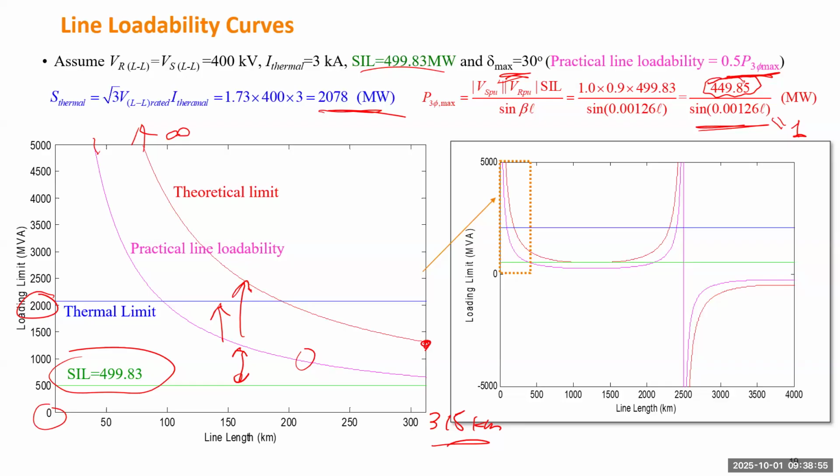So theoretically speaking, you're unable to deliver electricity by a single line longer than half of the wavelength. That's why the wavelength is a very good indicator of how much margin you have utilized. The longer the line, the smaller the margin you have to further deliver over the distance.